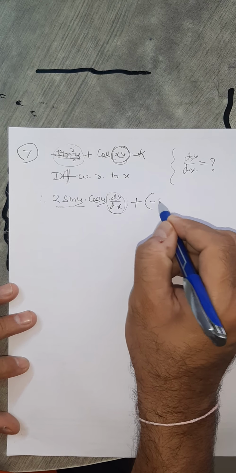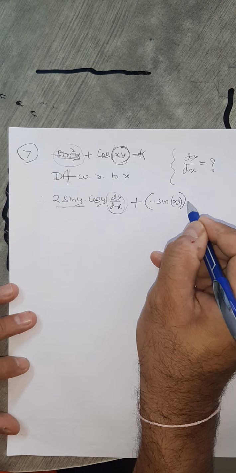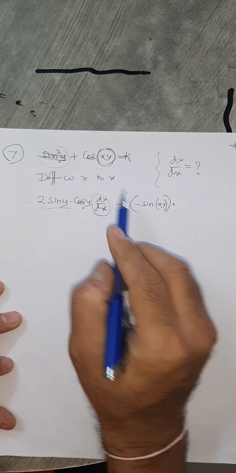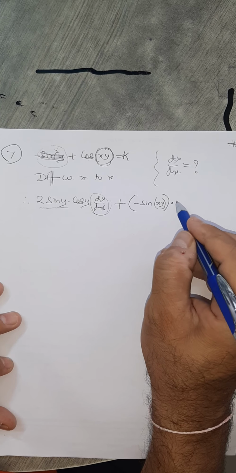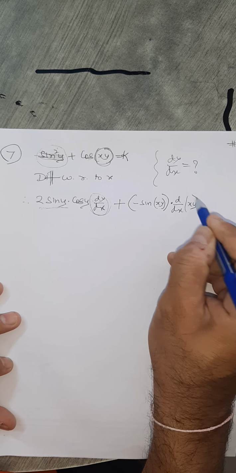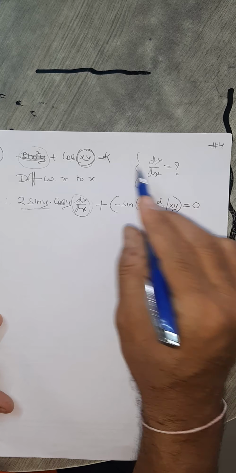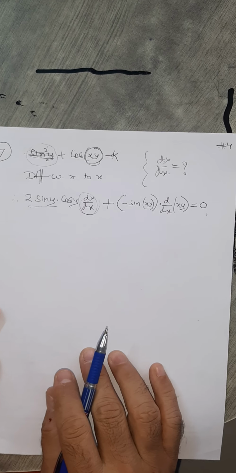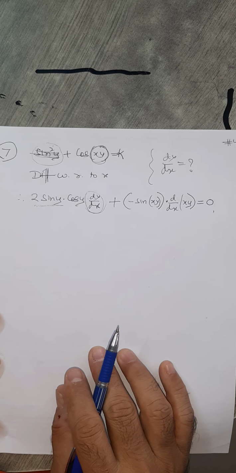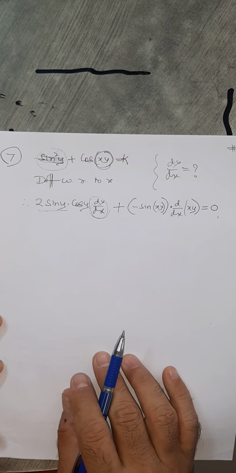That is minus sine of xy. Which one had you considered as x? xy. So there we have the product rule. So I'll write here d by dx of x into y. That I'll do in the next step. And what's the derivative of constant k? 0. k is constant, so derivative is 0 here, remember.